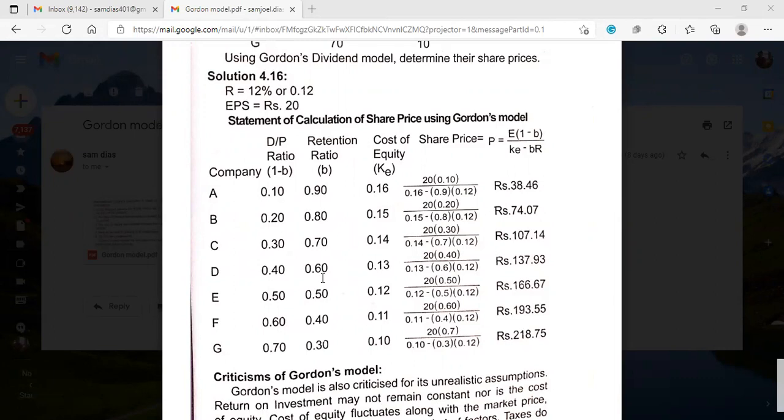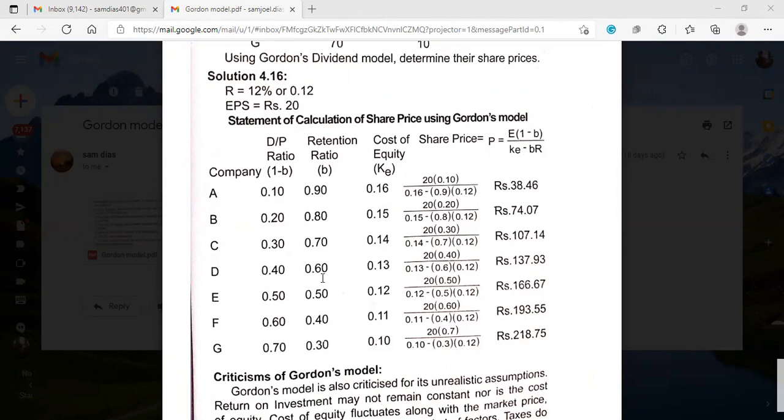Then company E, which has a dividend payout ratio of 50% and retention ratio of 50%. Cost of equity is 12%. If we do all the necessary calculations, we'll be getting rupees 166.67 as the market value of share.